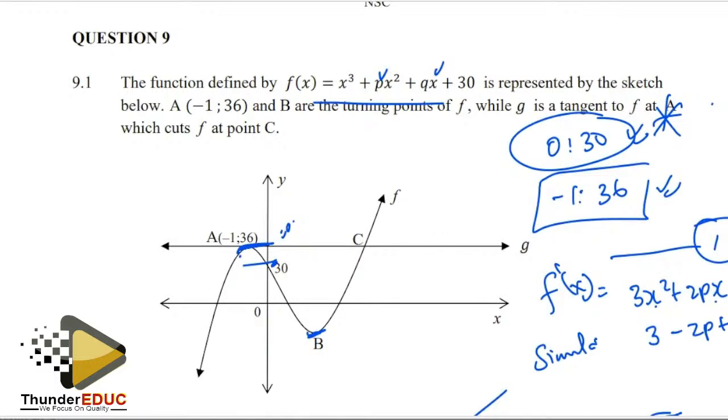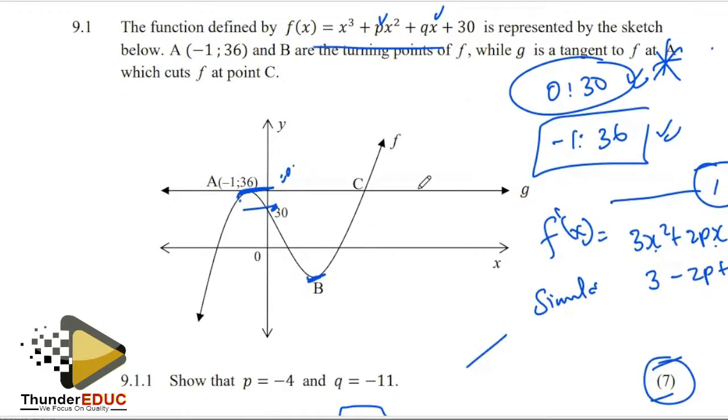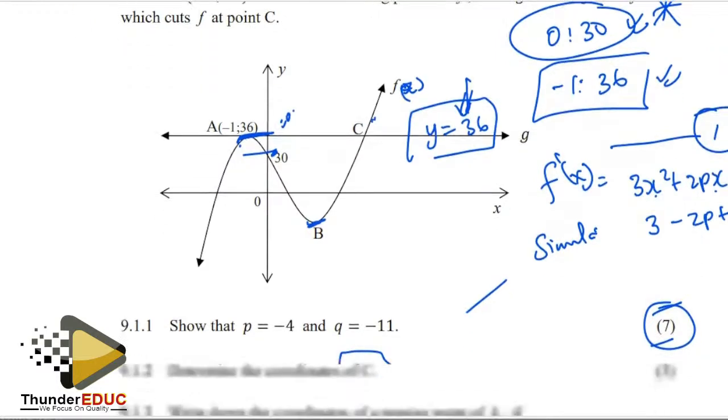If that is the case, the equation of this line is just going to be y equal to 36, and then equate this to f. So where there is f of x or y, put 36 and then solve that equation. You get 2 points. One is going to be the one with -1, and the other is the c coordinate that they need.